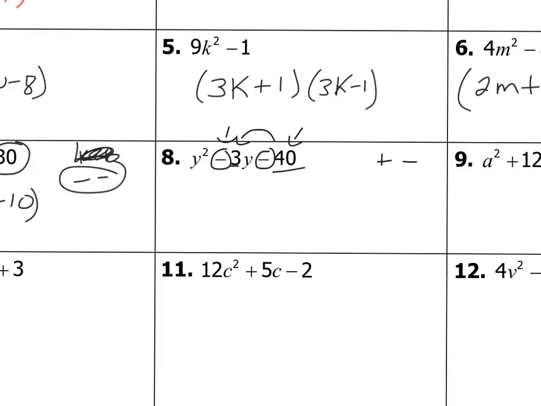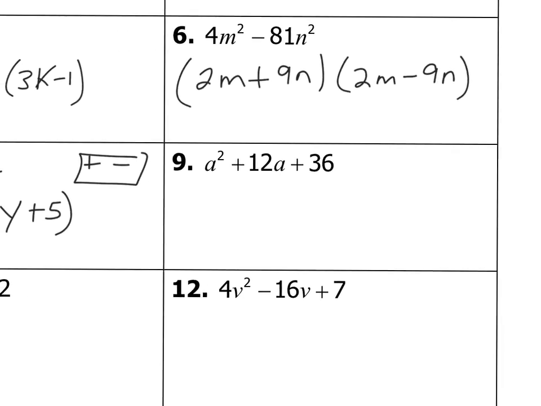Negative 8 plus 5 would be negative 3. Negative 8 times 5 would be negative 40. So your answer would be y minus 8, y plus 5. And we wrote that little trick down in our notes, so make sure you look through your notes to see that little trick that I just mentioned with absolute value.